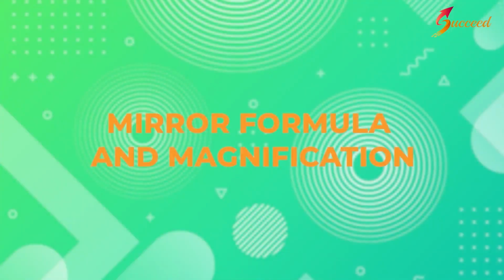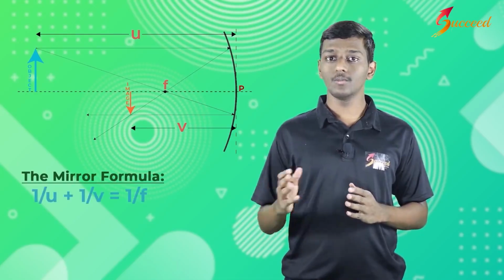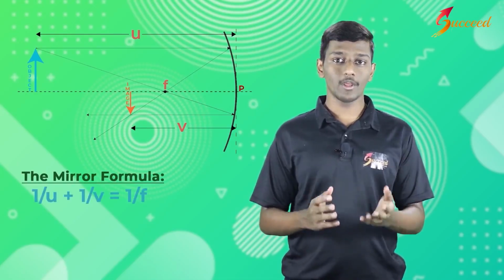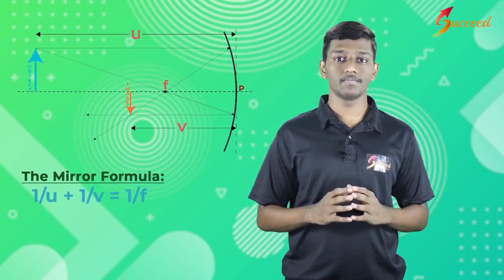Mirror formula and magnification. In spherical mirrors, we take the object distance as u, image distance as v, and the focal length as small f. The mirror formula is given by 1 by u plus 1 by v is equal to 1 by f.